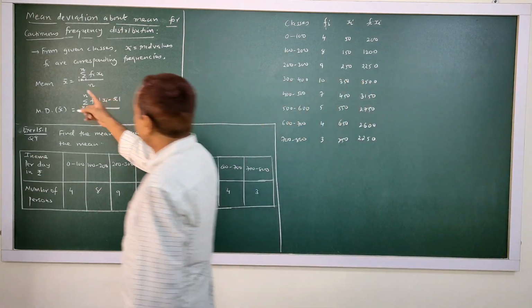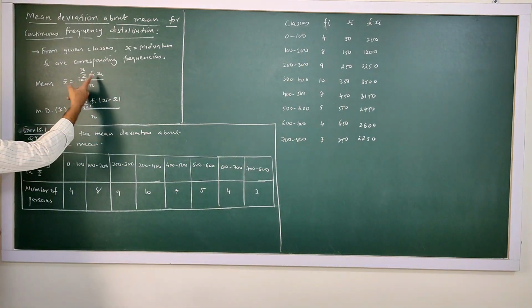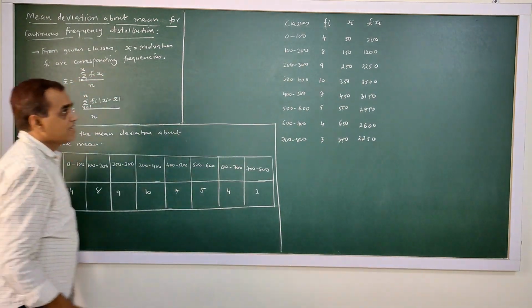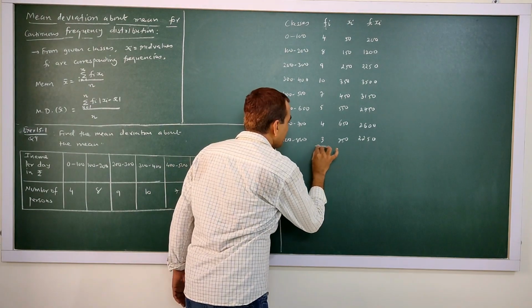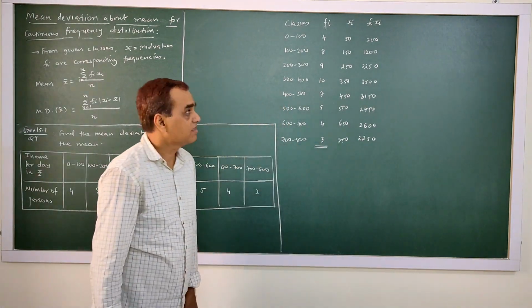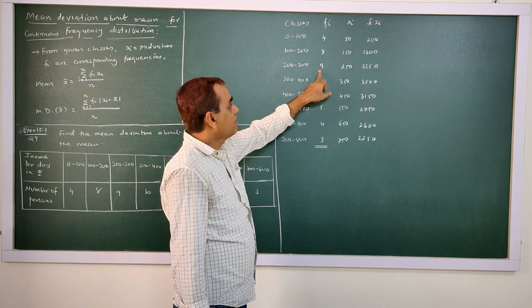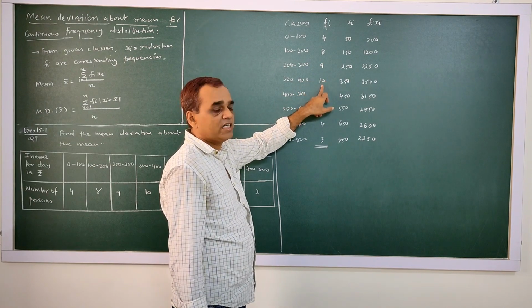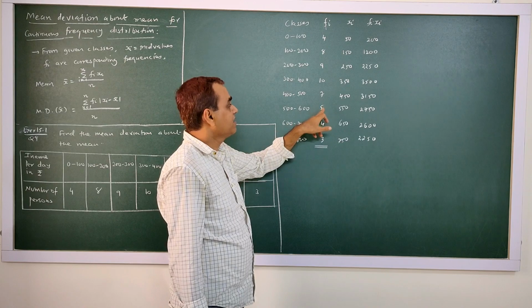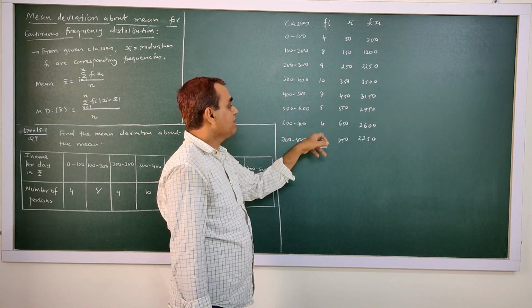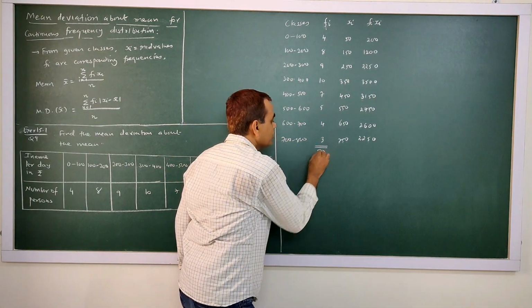Now to calculate mean, we require sum of Fi xi and n. N means sigma Fi: 8 plus 4, 12, 12 plus 9, 21 plus 10, 31 plus 7, 38 plus 5, 43 plus 7, 50. So here n is 50.